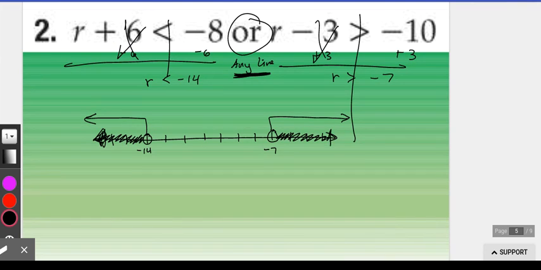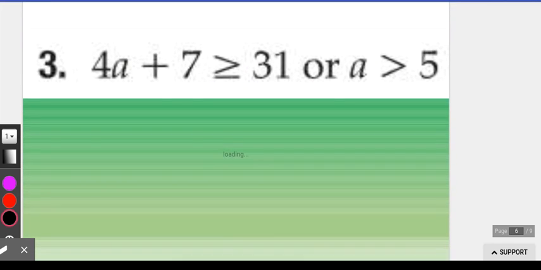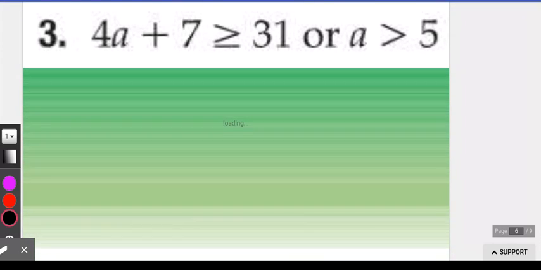And again, remember from before, if I have 2 borders, I'm shading those outsides, just put an or in between it for our final answer. r such that r is less than negative 14, or r is greater than negative 7. And that's our answer. We got 2 more of these. So please pause the video and give the students 2 minutes to complete this problem.